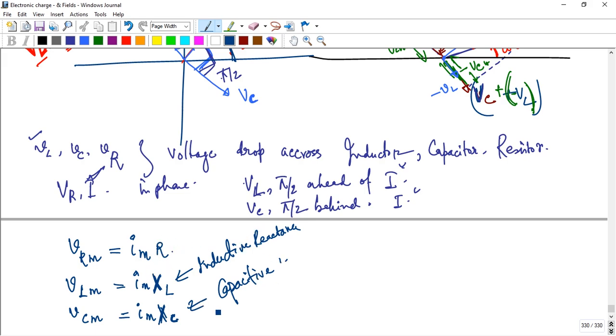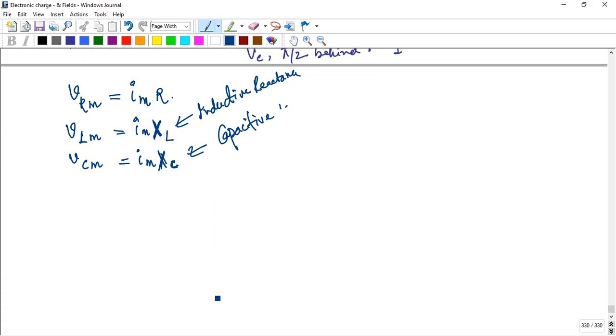Now the total circuit voltage. This is actually the mathematics. The total circuit voltage is equal to the voltage drop across the resistor plus the voltage drop across the inductor plus the voltage drop across the capacitor.